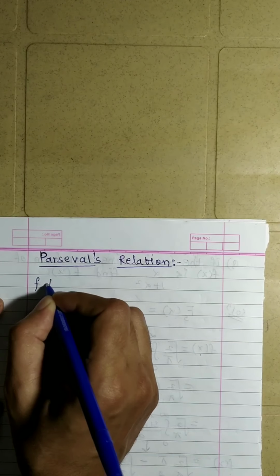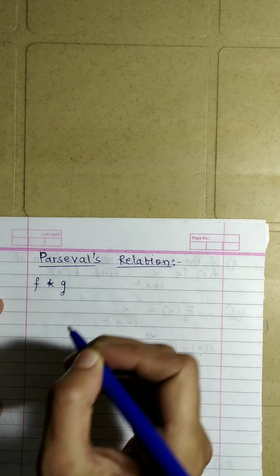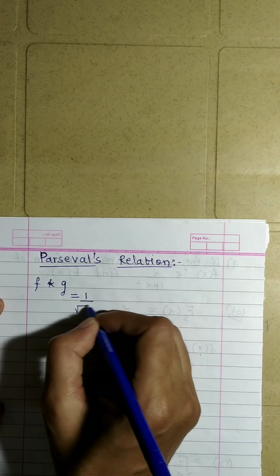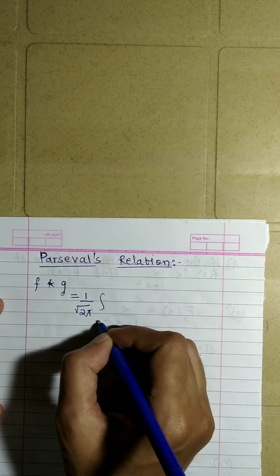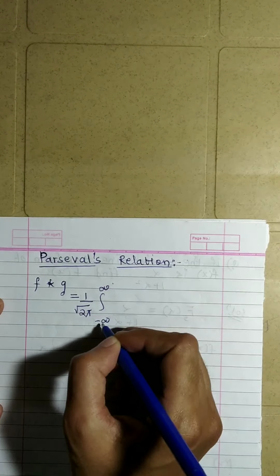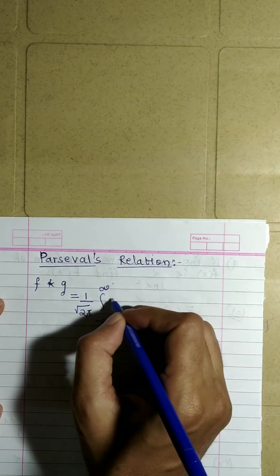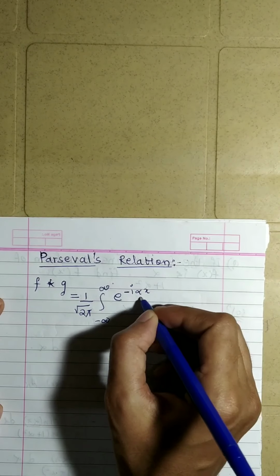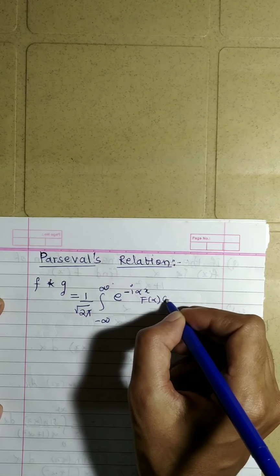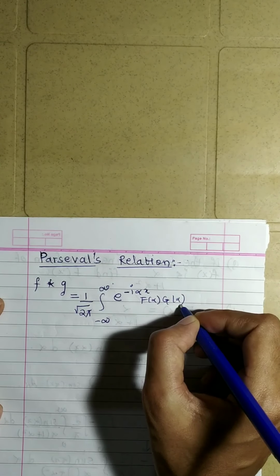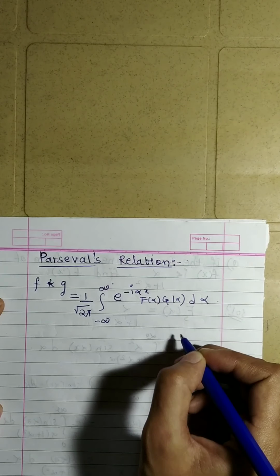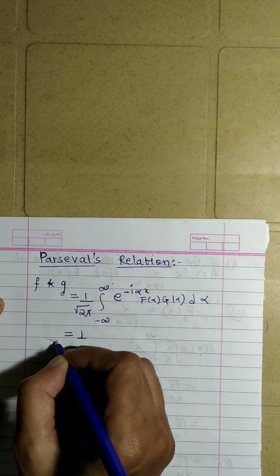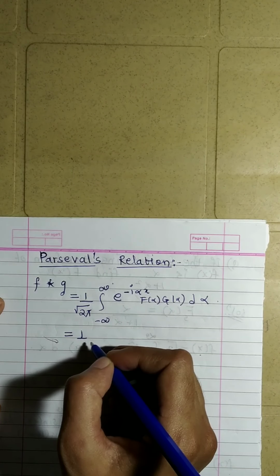f star g is equal to 1 upon root of 2 pi integral from minus infinity to infinity e raised to minus i alpha x f alpha g alpha d alpha. This is by the inverse Fourier transform.